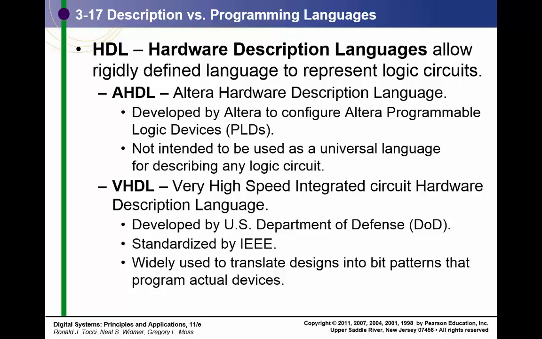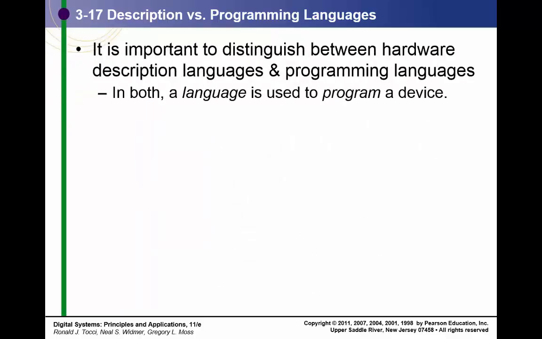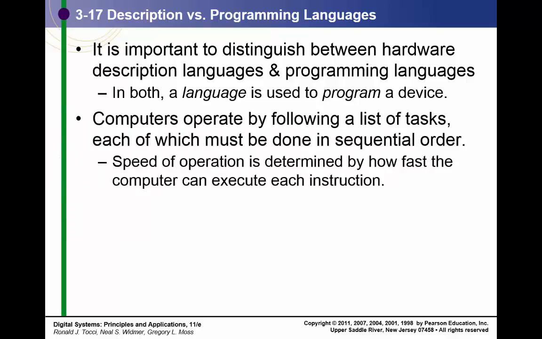We're not going to learn a lot of VHDL, but we will look at it. This is another way of designing circuits. So, it's important to distinguish between hardware description languages and programming languages. In both, a language is used to program a device. However, with programming languages, things are done in a sequential order, and they execute one instruction at a time.